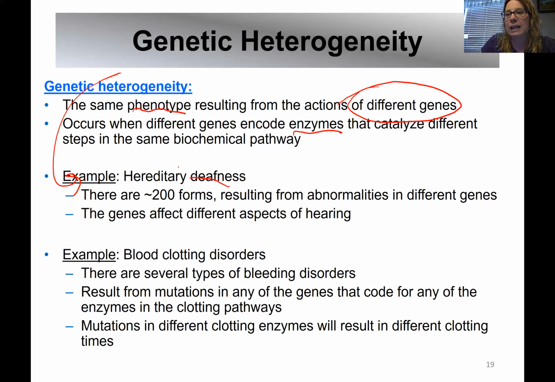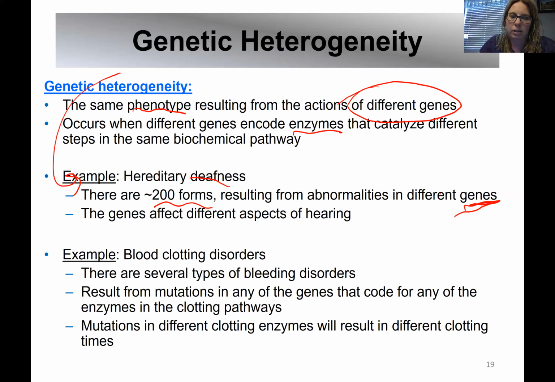Okay, so this is genetic deafness. There are 200 forms of genetic deafness in which deafness is the phenotype, but different genes control different aspects of hearing, and so deafness can result from different forms of the genes.